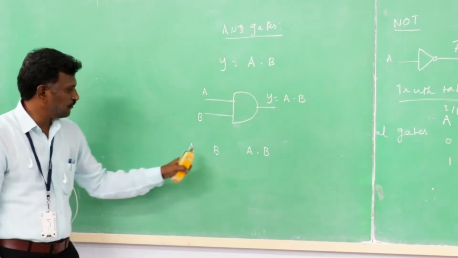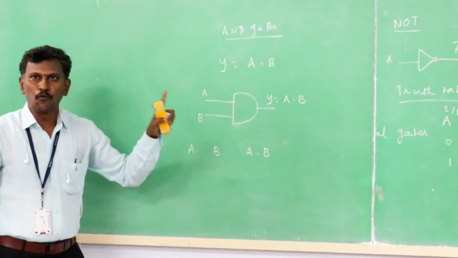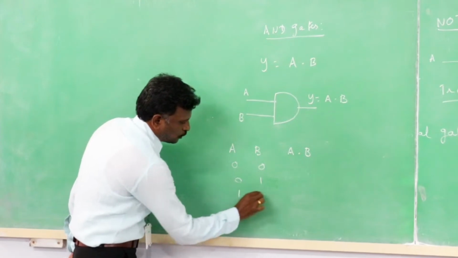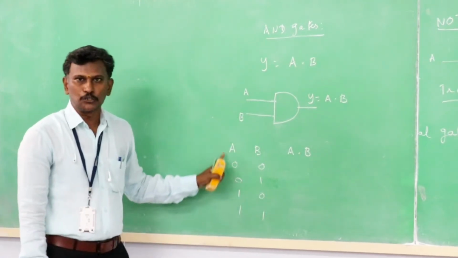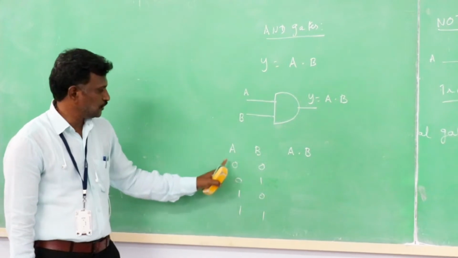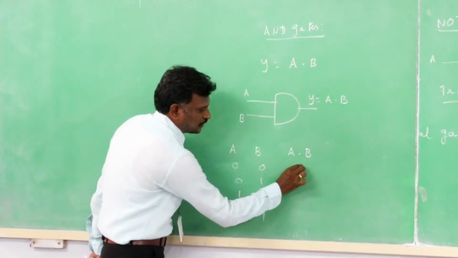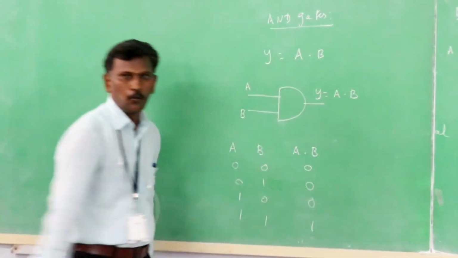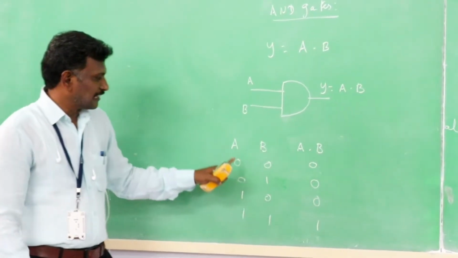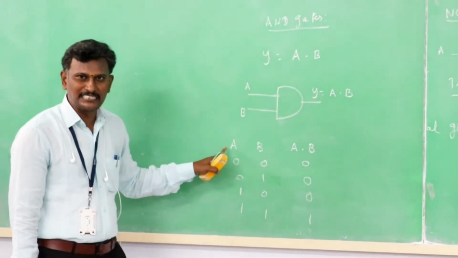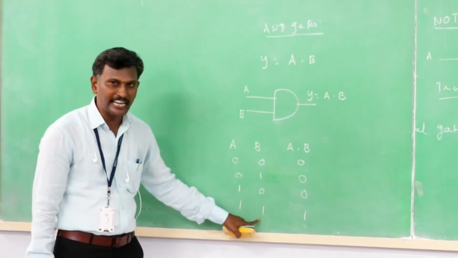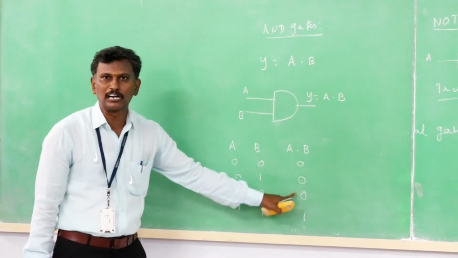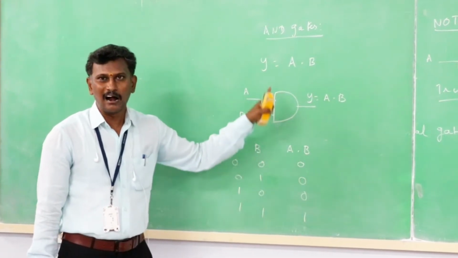If you give two inputs, there are four possible combinations: 0 0, 0 1, 1 0, 1 1. 0 into 0 is 0, 0 into 1 is 0, 1 into 0 is 0, 1 into 1 is 1. So AND operation says that when both inputs are high, the output becomes high. When any one of the inputs is low, the output is automatically low.